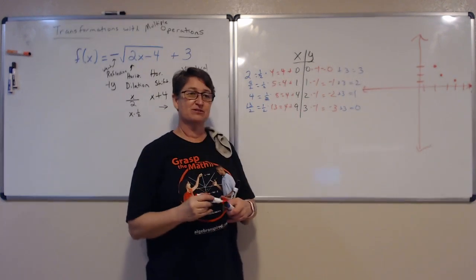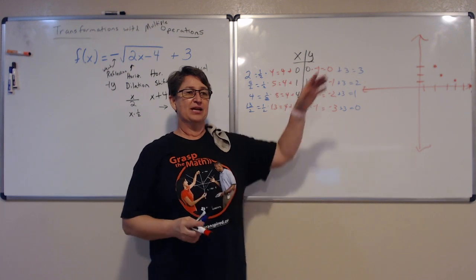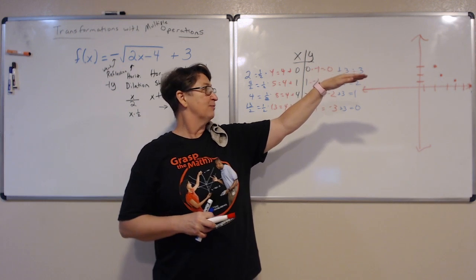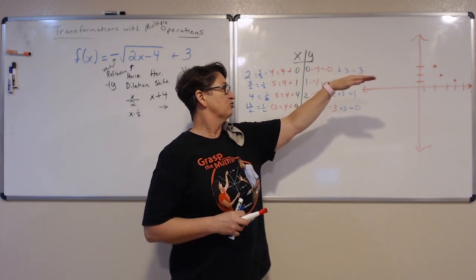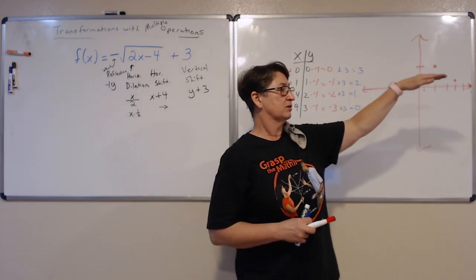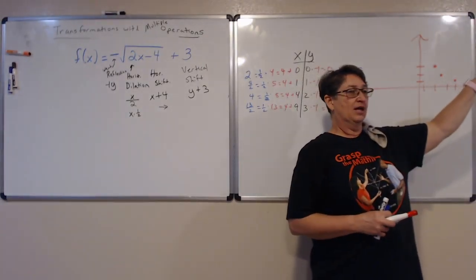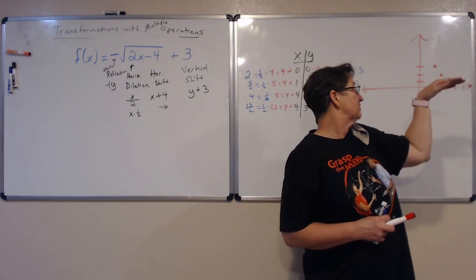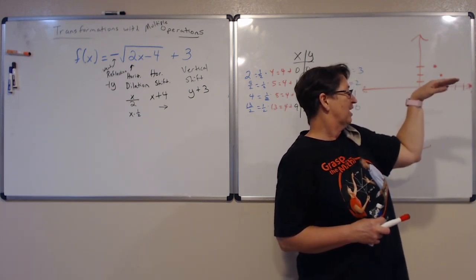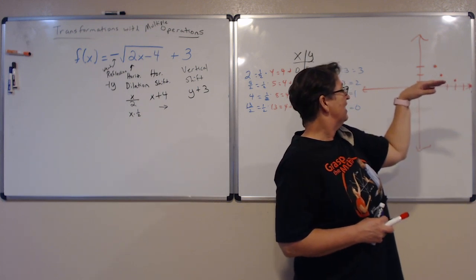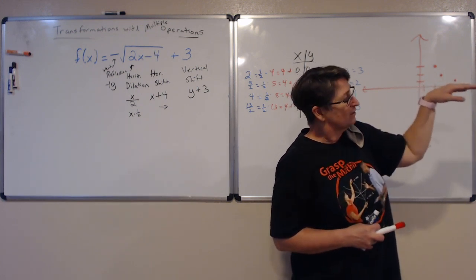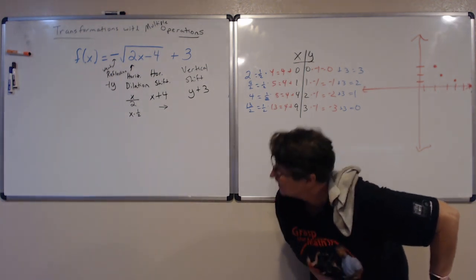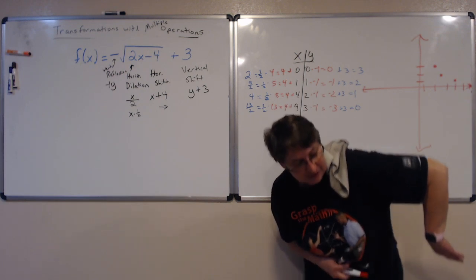Now, I'm trying to figure out what's this shape. So let's think about it again. Here's the spout, and I'm shifting it to the right 4. I'm stretching or shrinking it, actually it shrinks it, horizontally, and then I'm going to reflect it vertically, and then I'm going to move it up 3.